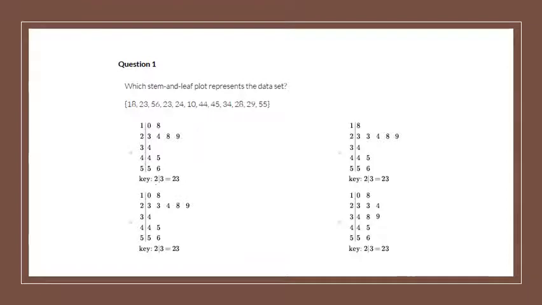Okay, so I'm going to look here and I've got 18. So with 18, I should have a 1 in the tens place and an 8 in the ones place. We've got it there. And I'm actually going to use the highlighter so that I can cover that up.